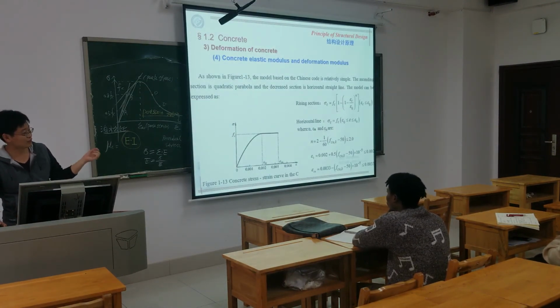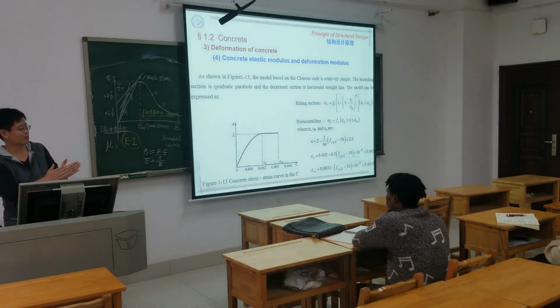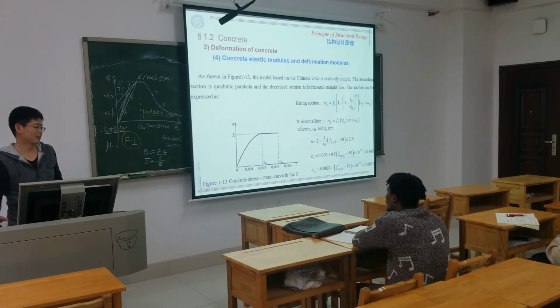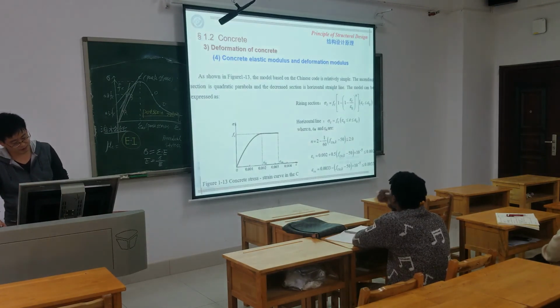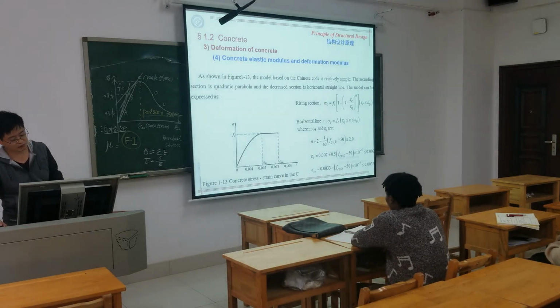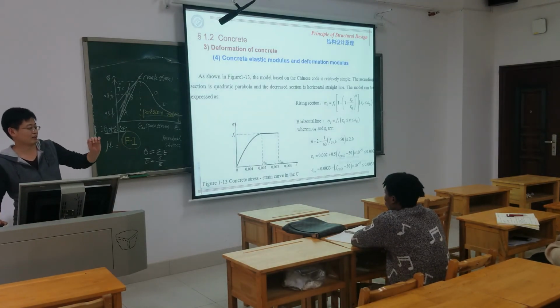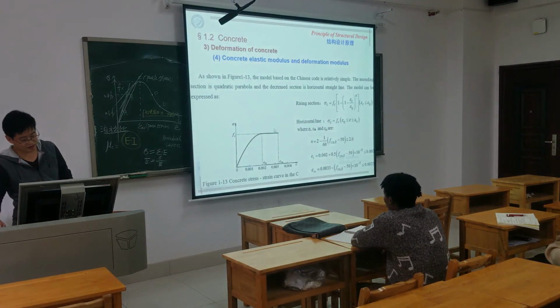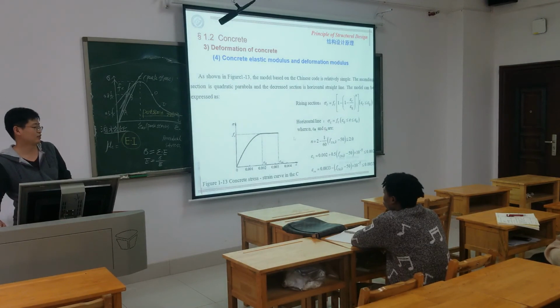It's easy to use, but at the same time you lose some precision. For a real project, though, it's enough. We don't need to be so precise. Actually, this section is enough. After this, it's not so important.